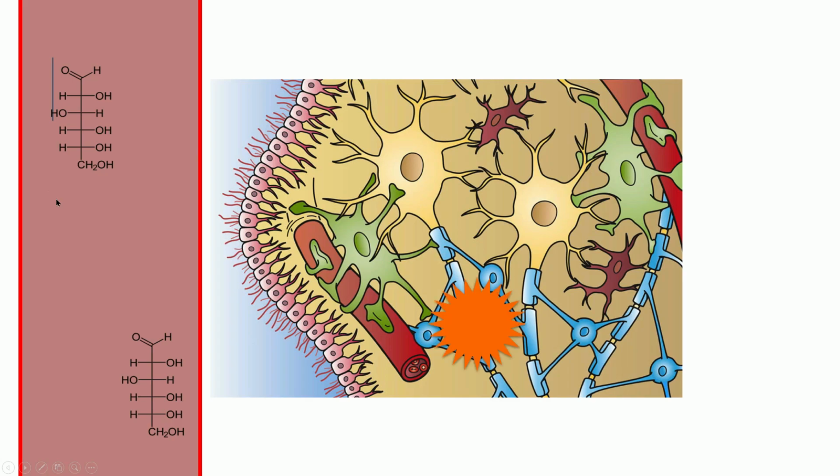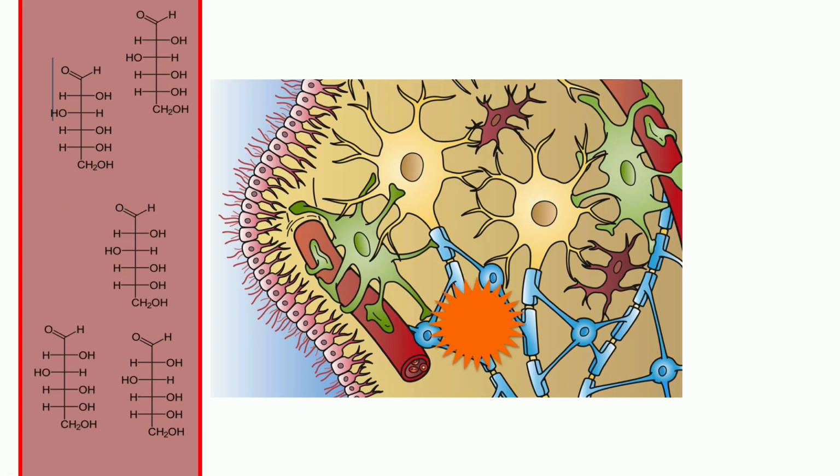However, when we have very large amounts of glucose, this glucose transforms basically into a toxic substance. Why? Because all of this glucose can then bind to different proteins in our nerves and glial cells and start damaging them. They lose their function, and when the protein loses its function, then the whole cell loses its function.